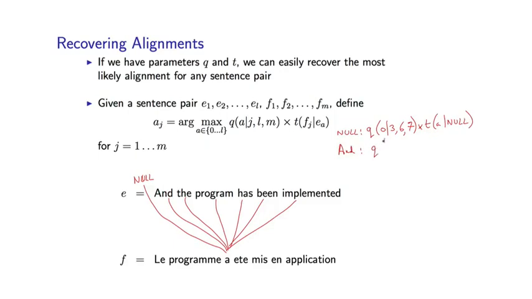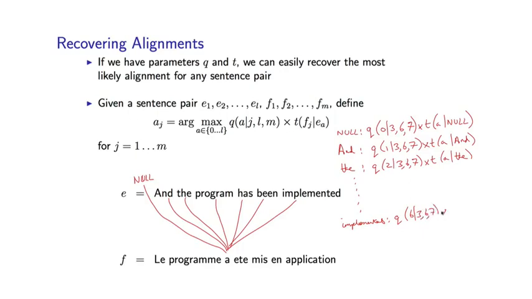In this case, we evaluate q of 1 given 3, 6, 7, because now we're aligning to the first position in English. And then we have t of "a" given "and". The next word is "there". We'd have q of 2 given 3, 6, 7, and then t of "a" given "there" in the second position. And so on. We can go right to the end, so the final word is "implemented", and that is q of 6 given 3, 6, 7 times t of "a" given "implemented".